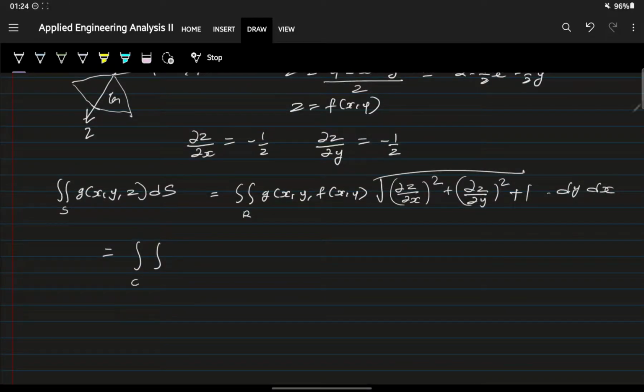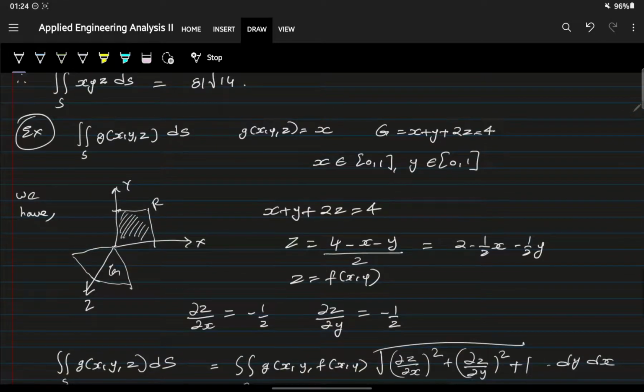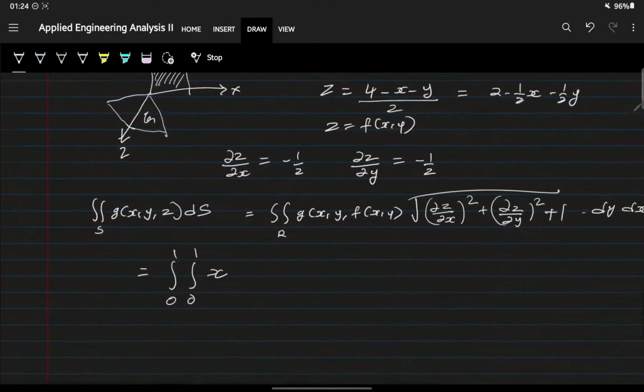Substitute the limits and values. We have 0 to 1, 0 to 1. The main function is given by x, g of x, y, z is x.